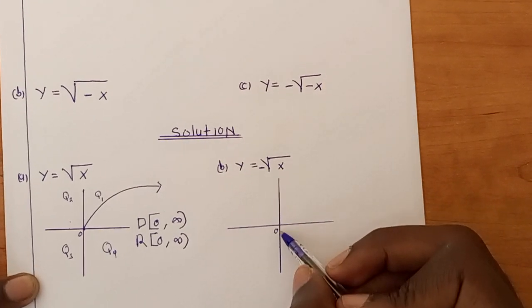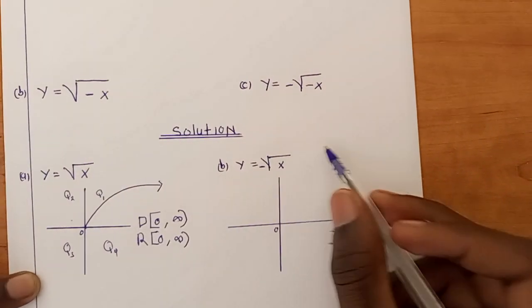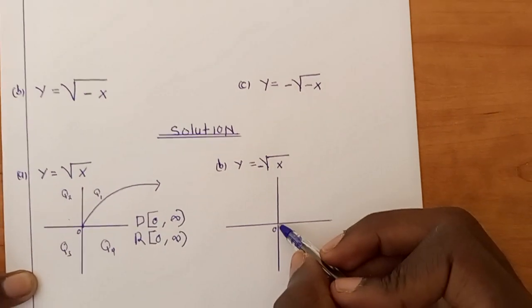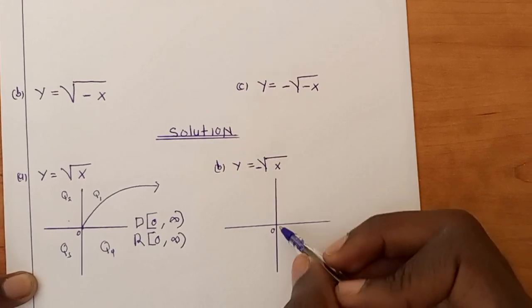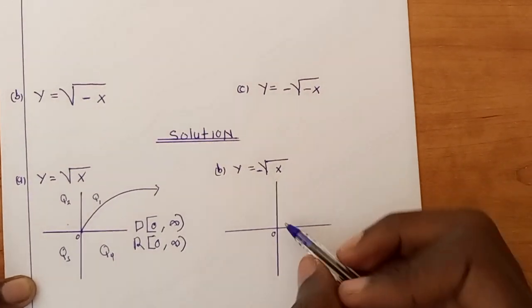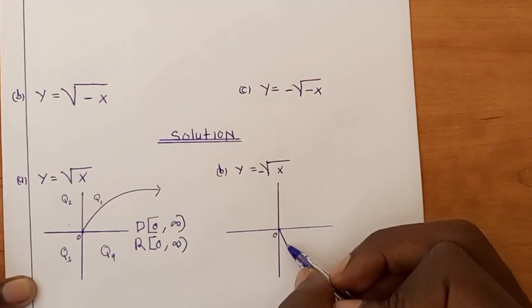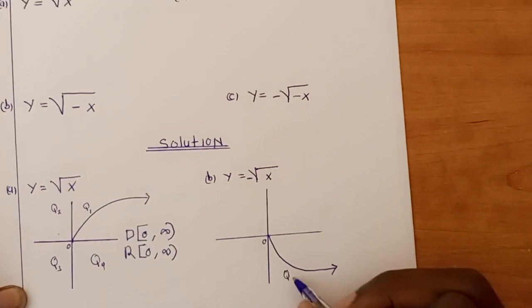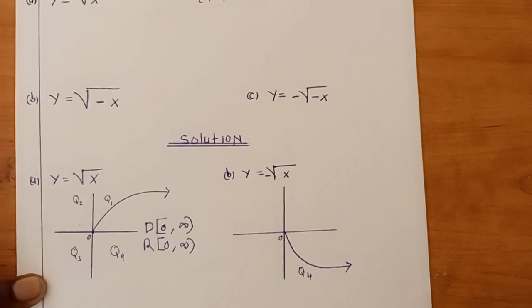Y being negative is in this direction, and x being positive is in this direction. Then automatically we are going to have something like this. It's going to be in the fourth quadrant, like this.